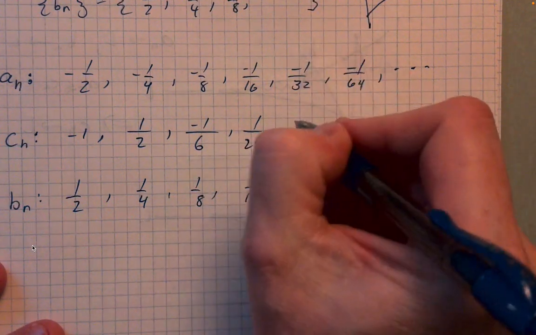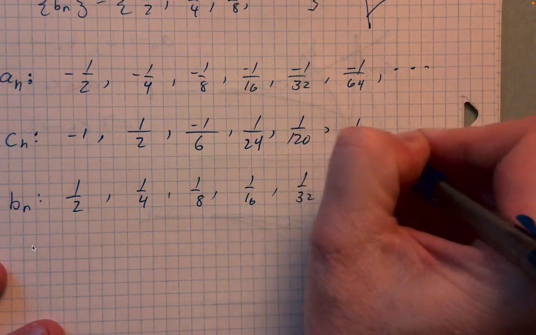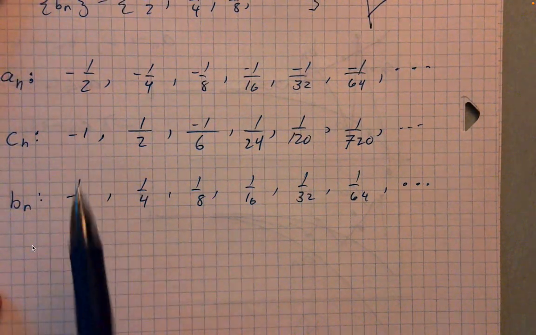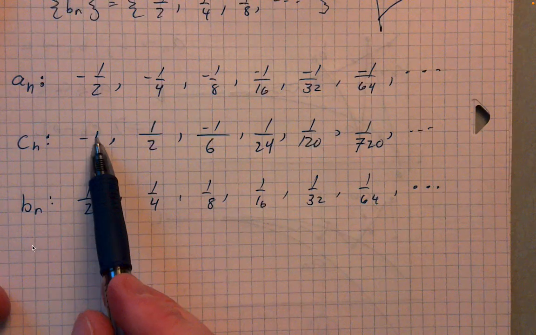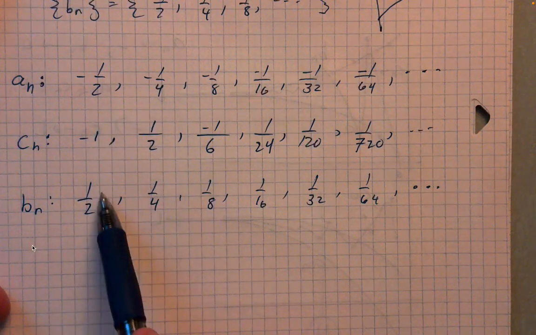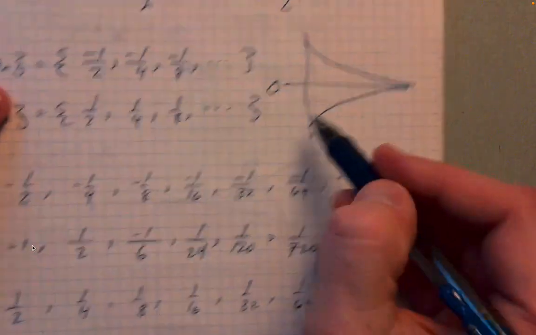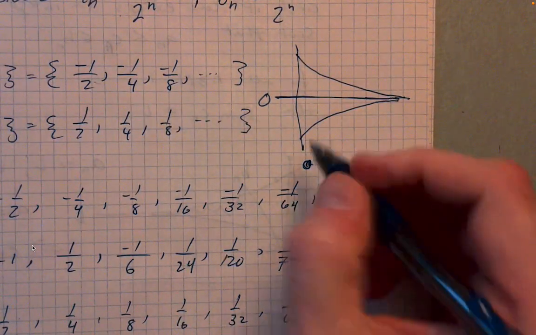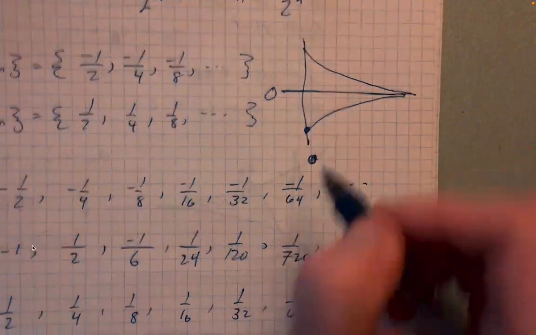And then you've got 1 over 120, and then 1 over 720, and so on. Okay, so notice here, the first term, C of n, is outside of the range of A of n and B of n. If you think of it like this, it's -1, so it's way down here, whereas your A of n is -1/2, so it's outside.